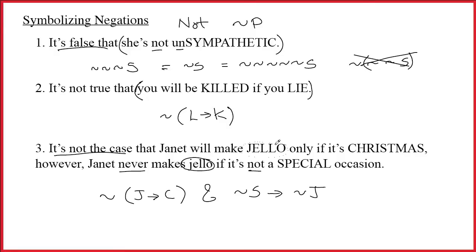It was capitalized in its first sentence. Here's Janet makes Jell-O. Here's Janet never makes Jell-O. And so that's tilde J as opposed to just J by itself. And now we're done with the symbolization. But of course, what am I leaving out that's really important? One more set of parentheses like this.